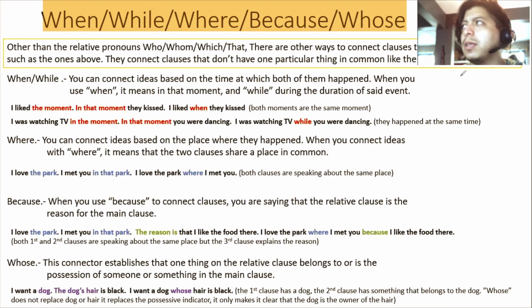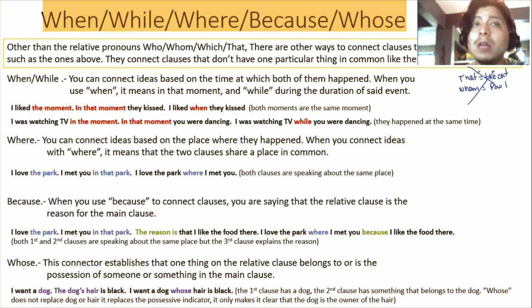So when you are using that, you are replacing the cat in the last example that we were checking. Or when you are using whom, you are replacing Paul in the other example that we were checking, or whatever. But these are not pronouns. When, while, where, because, and whose, they do not replace any person. In that way, they are not important.